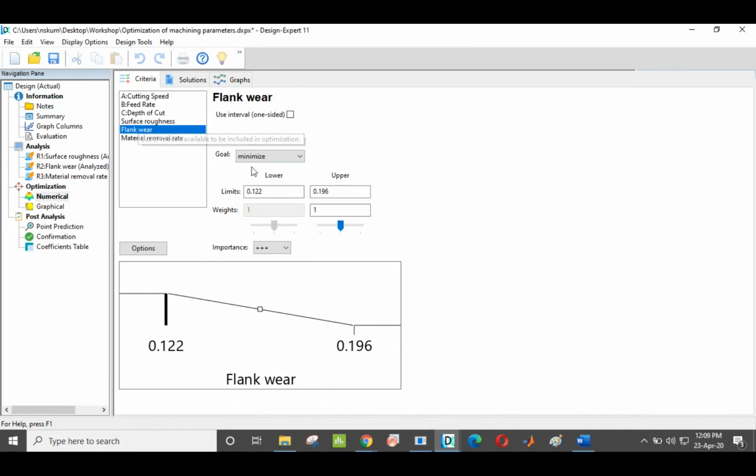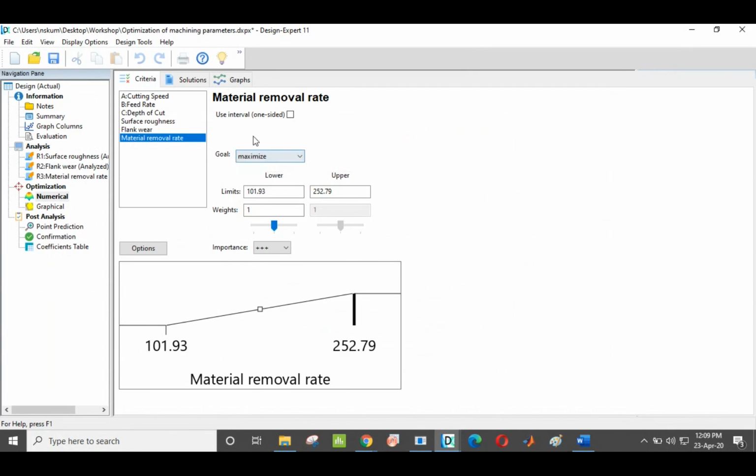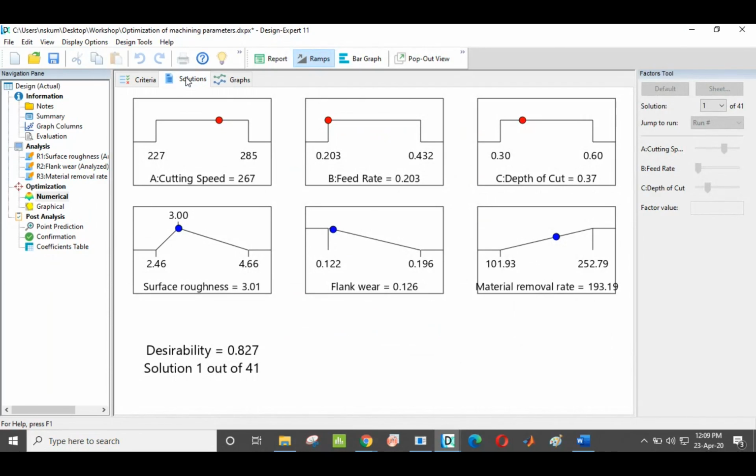Now the flank wear should be minimized. The material removal rate should be maximized. Now the solution. Here in the predicted model we can see the 3 is positioned here and the predicted value is 3.01. So the surface roughness model is well fitted.